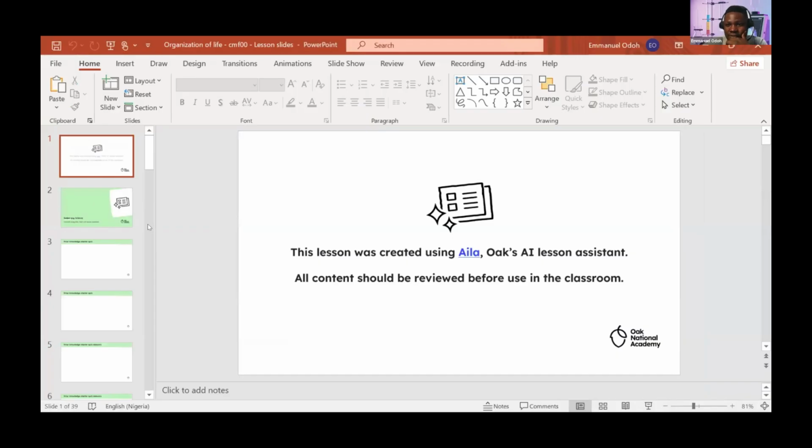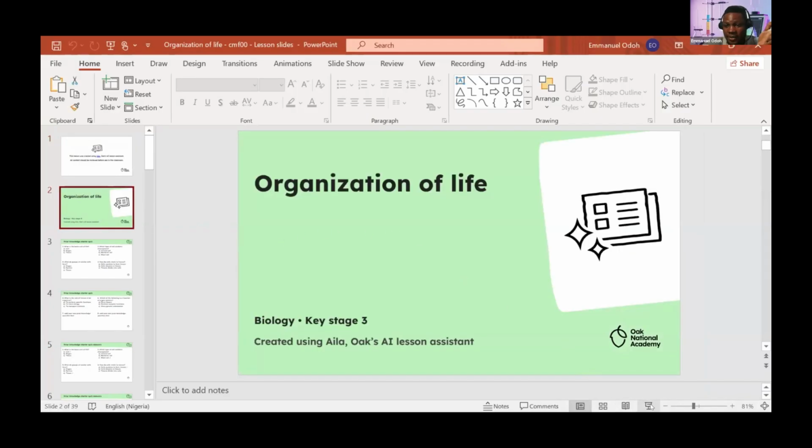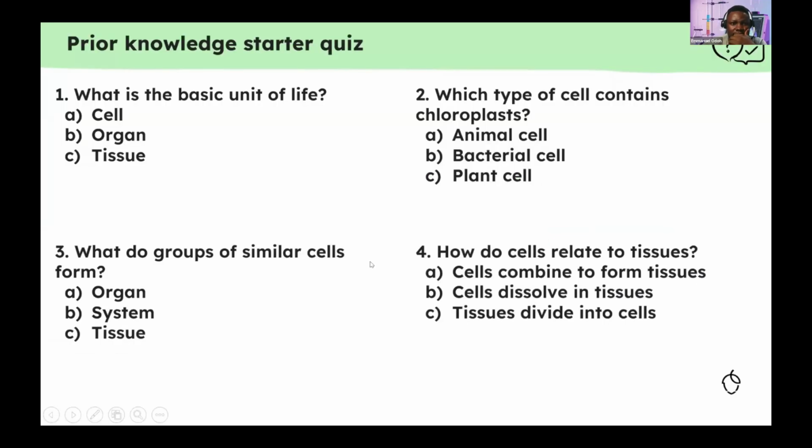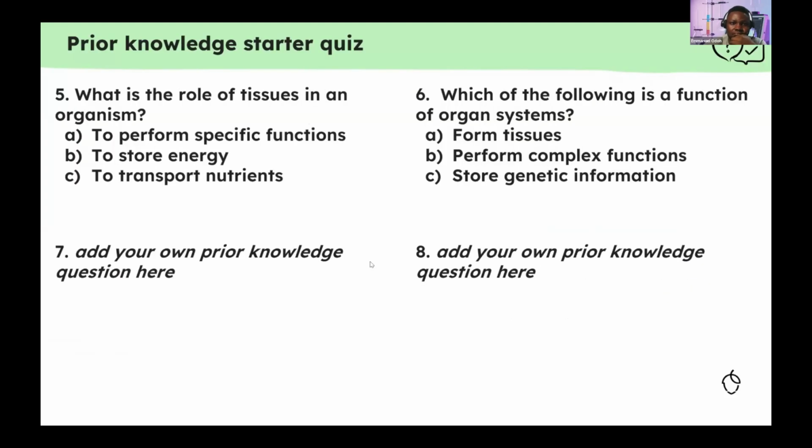The lesson was created using this. You can remove this. So this is the first. Let me make it bold. Is this good? So this is the prior knowledge and starter quiz. There are many questions to that.